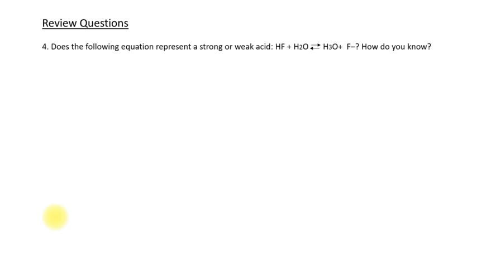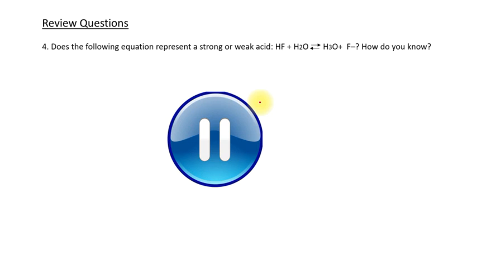Okay, now we're going to move on to number 4. Does the following equation represent a weak acid? Does it? And if so, how do you know? Okay, pause again. See if you can think of the answer to this one.